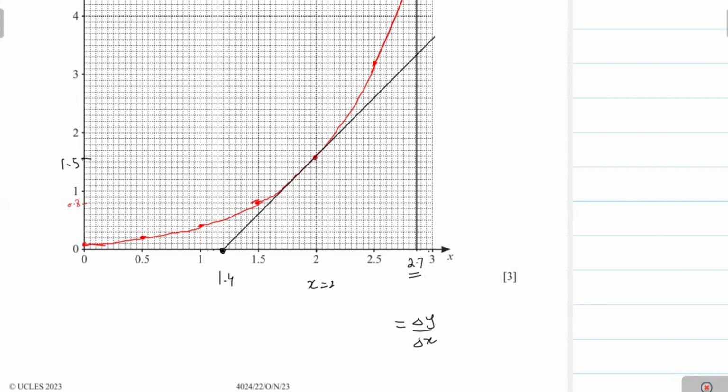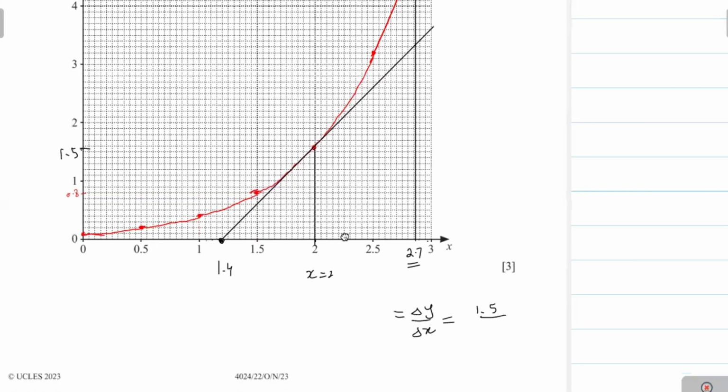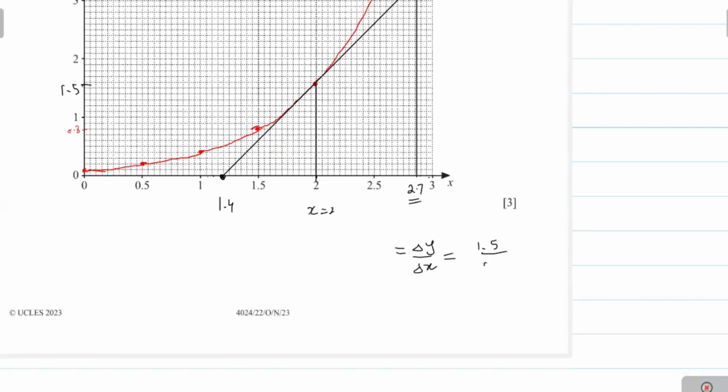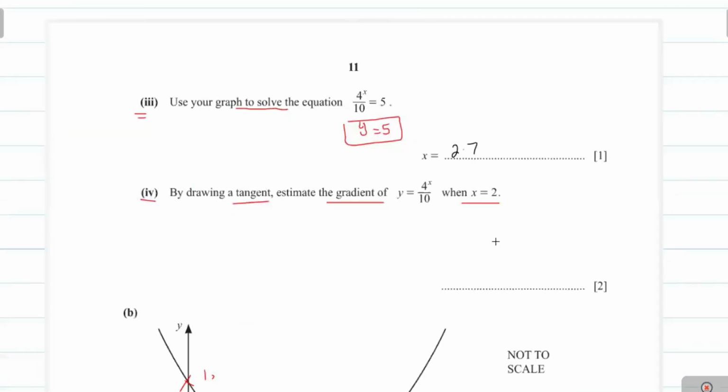Now this height is 1.5 divided by 2 minus 1.4, and this will be equal to 1.5 over 0.6. Now this value will be equal to 2.5. This is the answer we write here: 2.5.